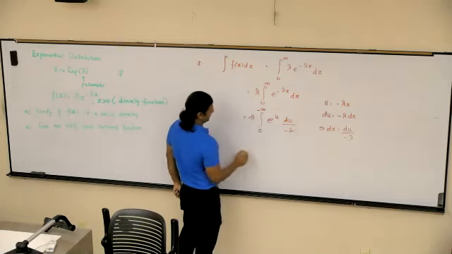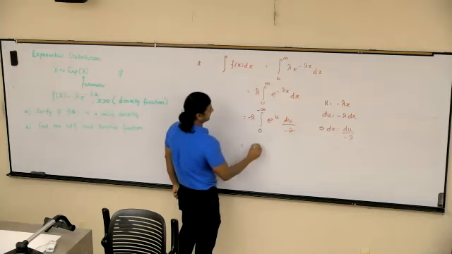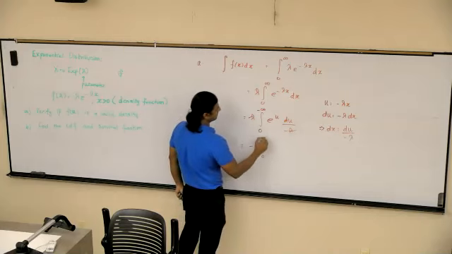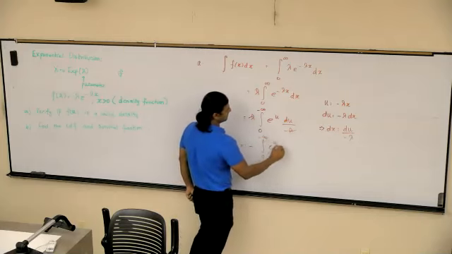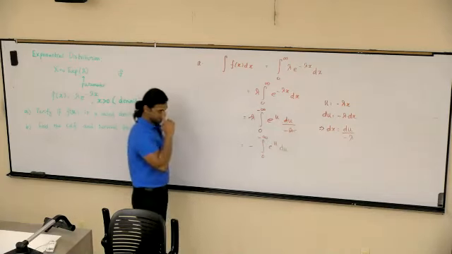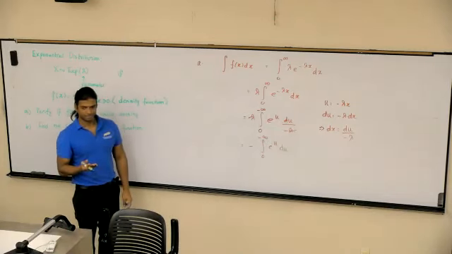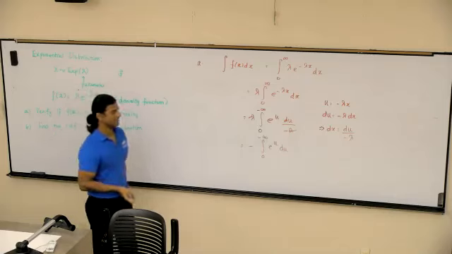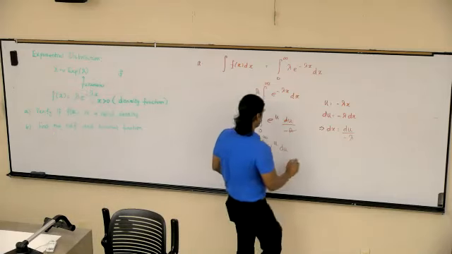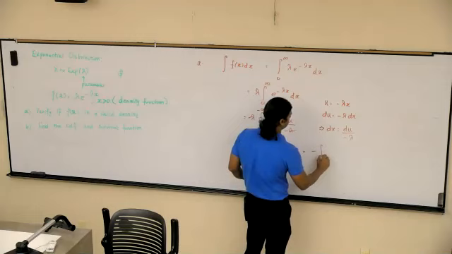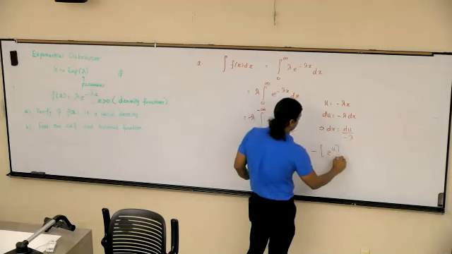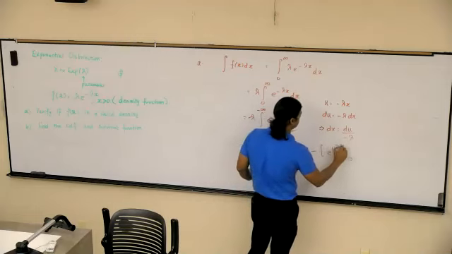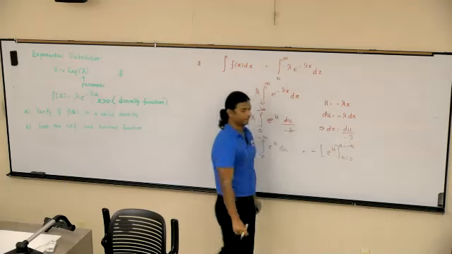Lambda and lambda will get cancelled. Negative integral 0 to negative infinity, e raised u du. The integral of e raised x is e raised x. So we will have e raised u, lower limit is 0, upper limit minus infinity.